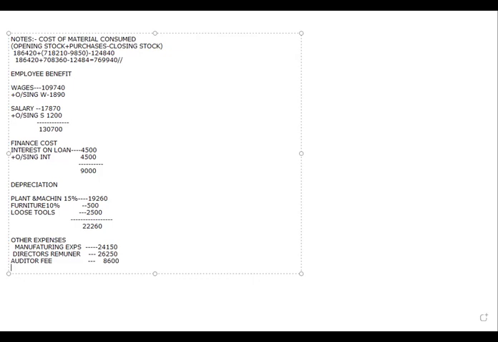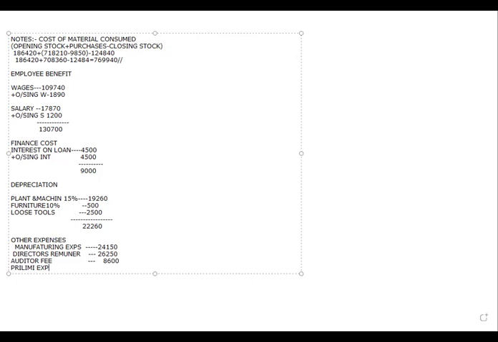So the preliminary expenses, how much did he say?